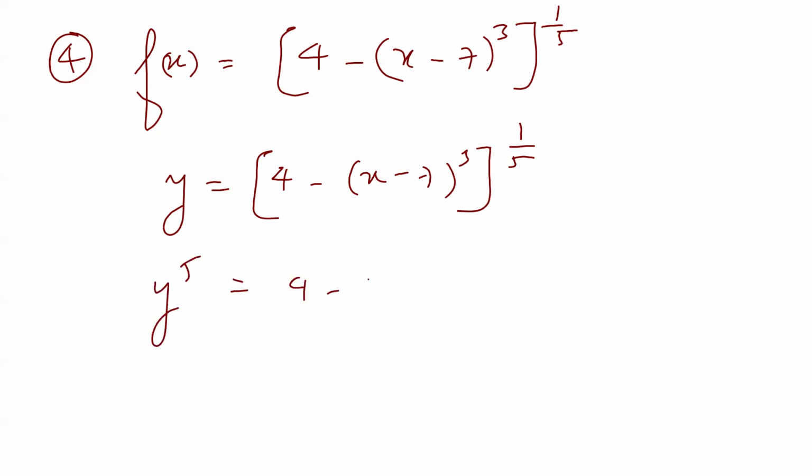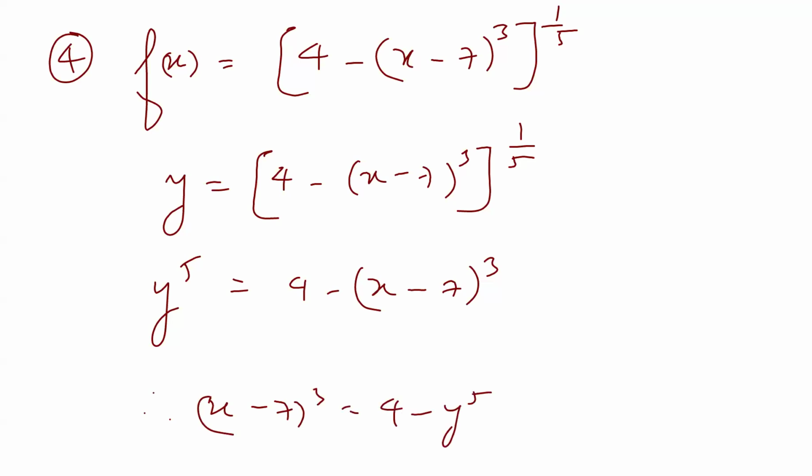Therefore x minus 7 cubed is equal to 4 minus y raised to 5. Now send this 3 on the other side. If this 3 is going on the other side, it will become 1 by 3.